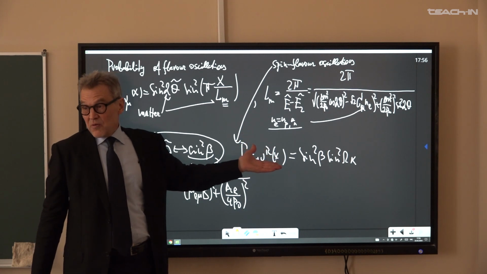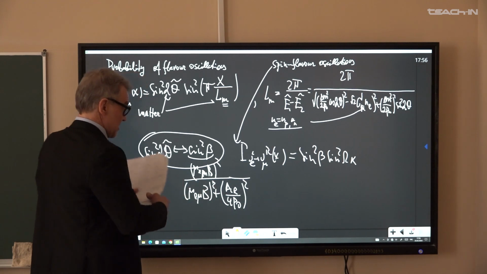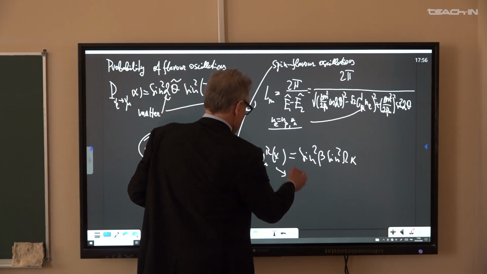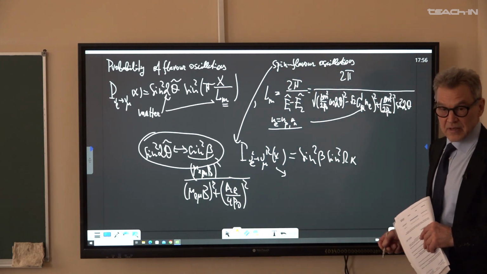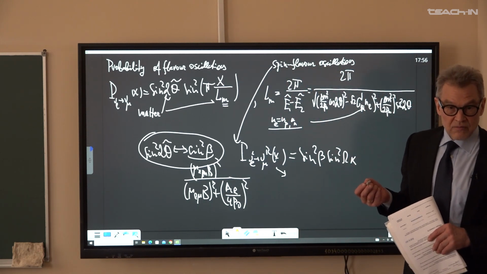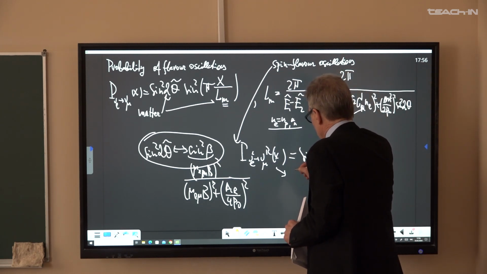Okay, from here, like a more simple case, we can derive the spin oscillation probability when the flavor is not changing. It is just straightforward. Let's write spin oscillations.